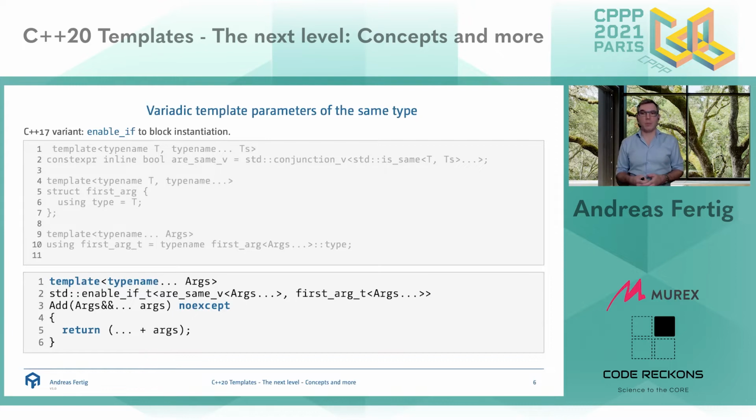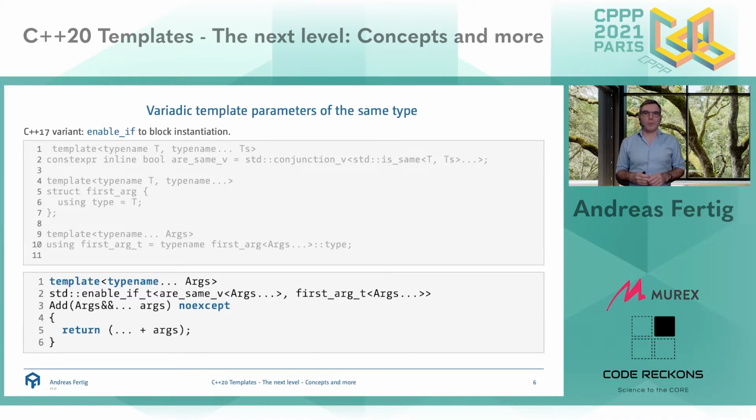It takes this parameter pack, and in line number 5, I'm using a fold expression from C++17 to expand this parameter pack and apply the add operation to it. Okay. So far, so good.